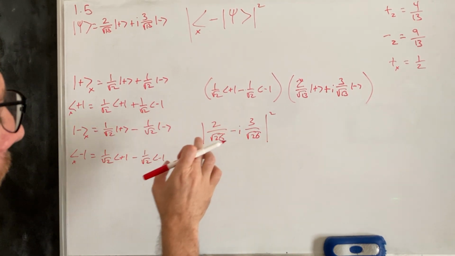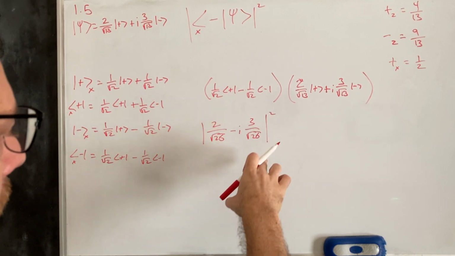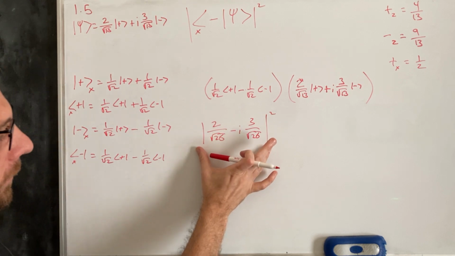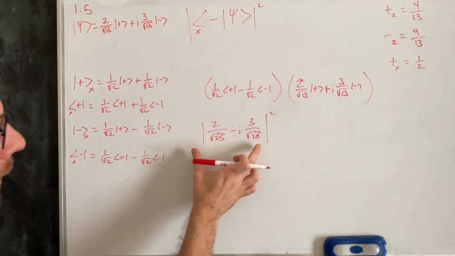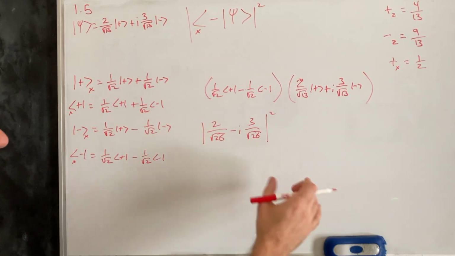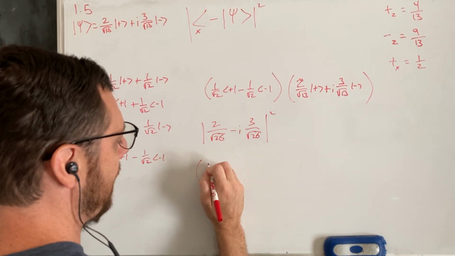We had 2 over root 26 plus i, 3 over root 26 before. But when you square this, you have to multiply it with the complex conjugate. So it was plus i minus i, and now it's going to be minus i plus i. So it's going to end up being the same thing. But I'll do the math anyways to show that.